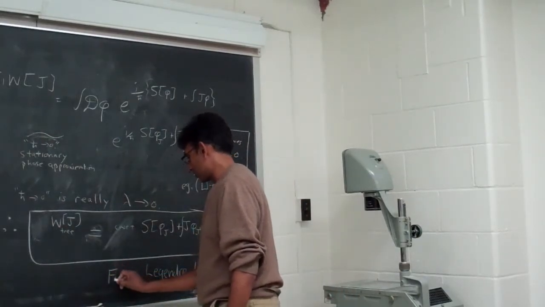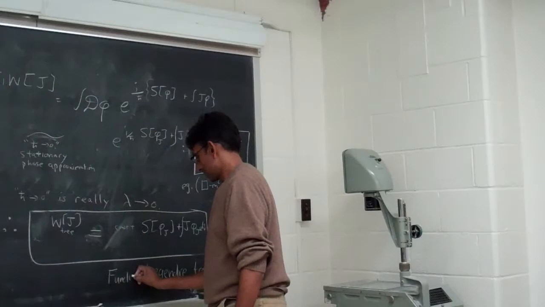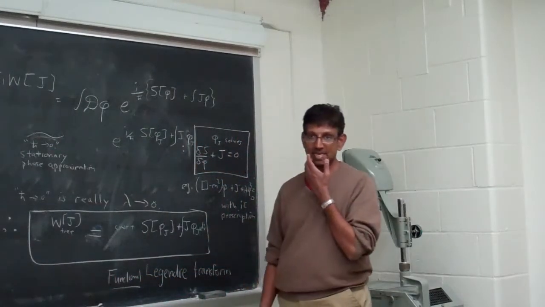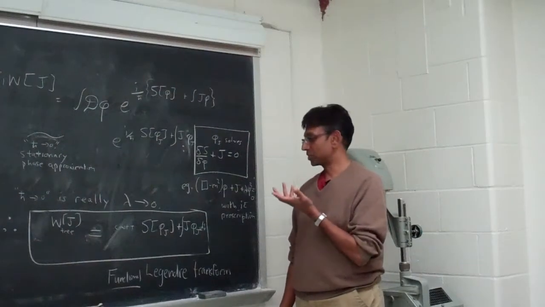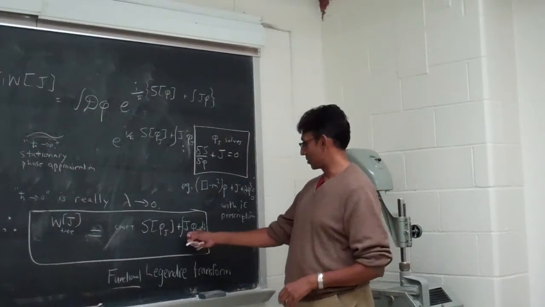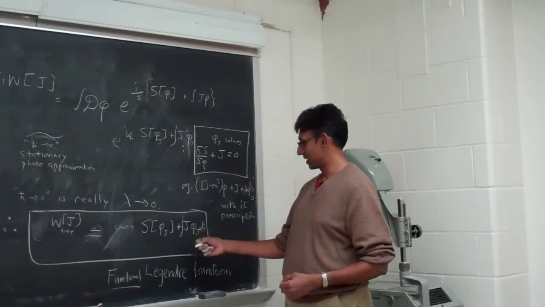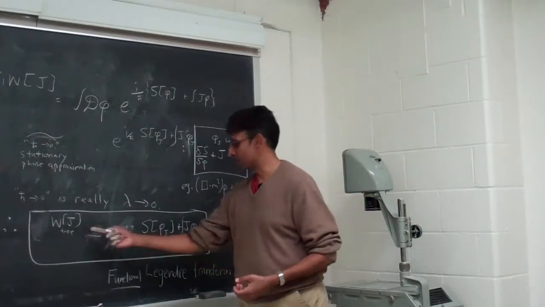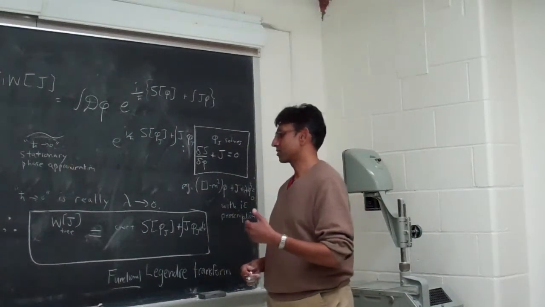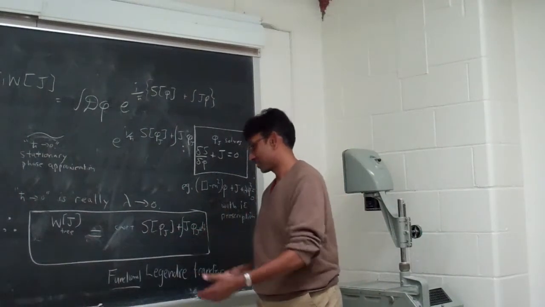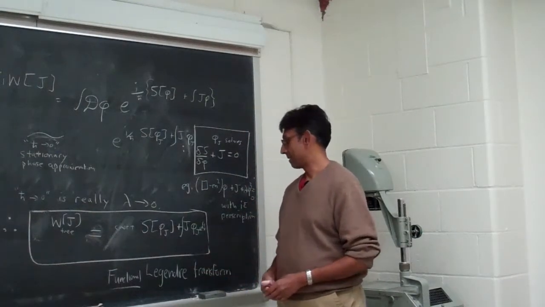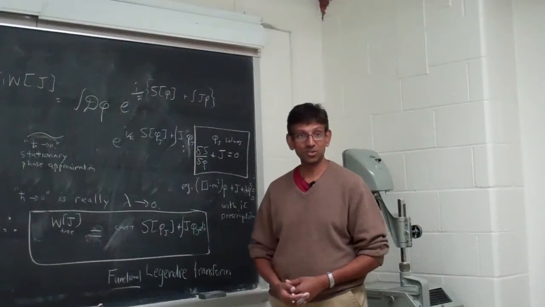It's just that it's a functional. It's the relationship between Hamiltonian and Lagrangian, except that here the variables would be functions of time, whereas here they're functions of time and space. But other than that, it's a Legendre transform.